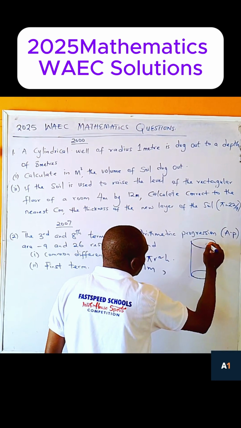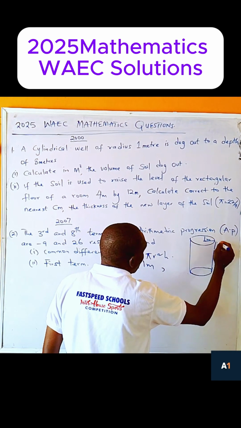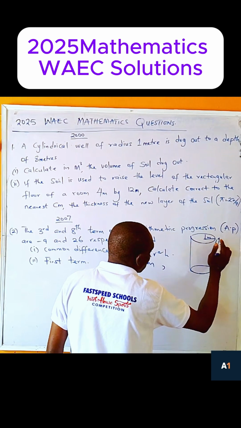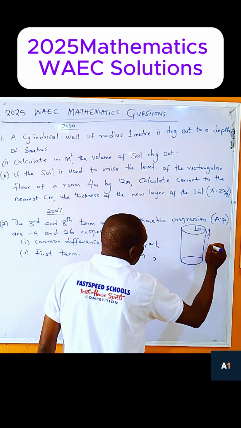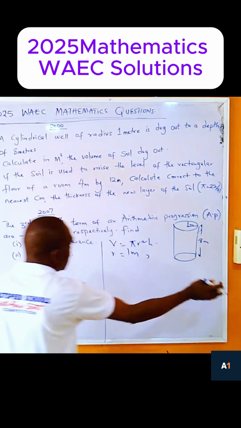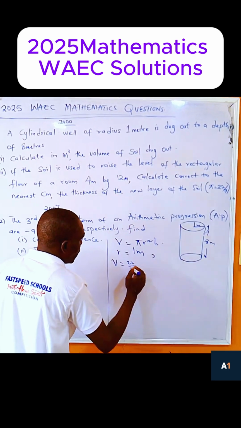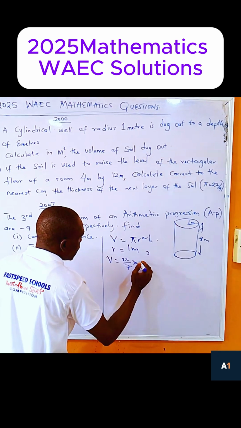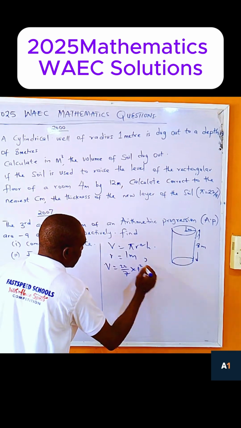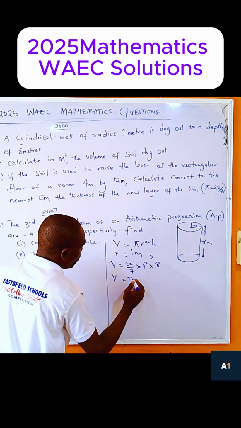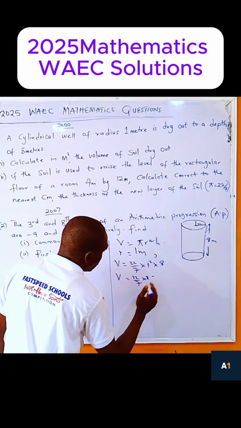So we have the radius to be 1 meter, and the height to be 8 meters. Using these parameters, we have V equal to 22/7 times the radius 1 squared times height 8. So we now have V equal to 22/7 times 8.